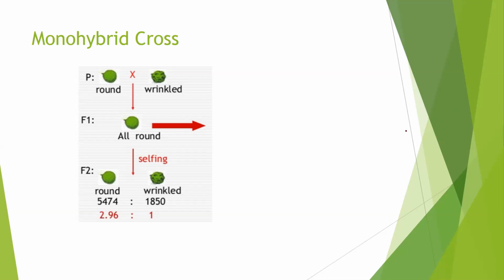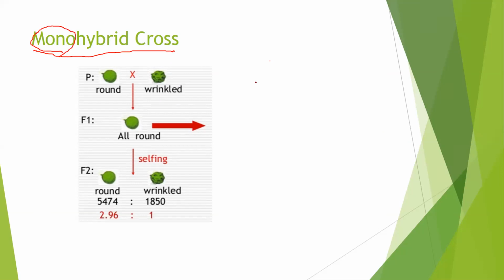All right, so the first lecture is focused on single gene inheritance, which is also called the monohybrid genetic inheritance pattern. Here we talk about one gene, so the mono here means one, right?